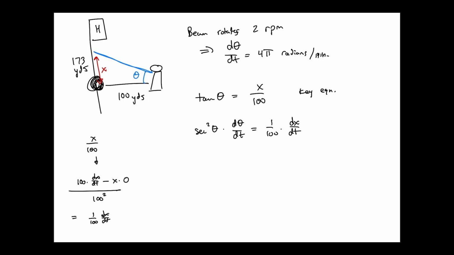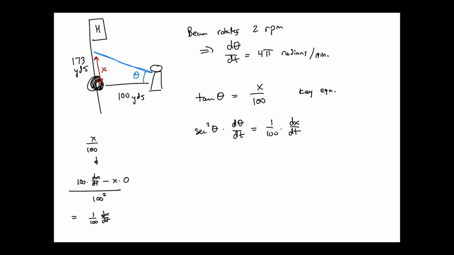Okay, so now let's see, what else do we need to do? We need to start plugging stuff in. Do we know d theta dt? 4 pi, right? Do we know dx dt? No, and that's okay because that's what we're trying to solve for. Do we know secant squared of theta? Well, not quite, but can we figure it out? Yes, maybe. The reason we'll be able to figure it out is because at what moment in time are we interested in what x is doing?